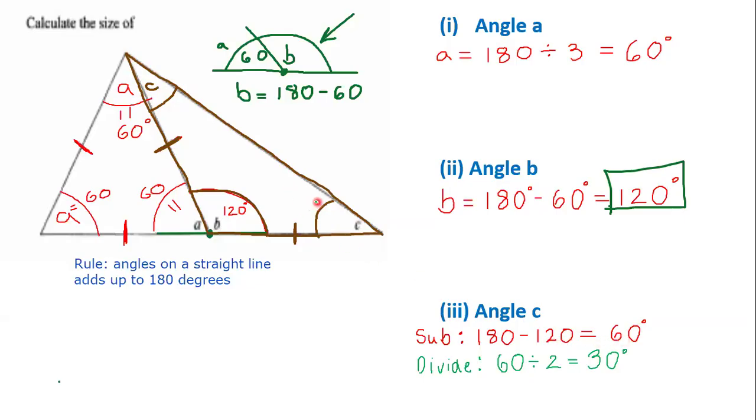But that 60 has to be split between these two sides, because both of them have to get their fair share since they're equal. So that's why we divide by 2: this has to be 30 and this has to be 30 for the full thing to be 180 degrees. Does that make sense?